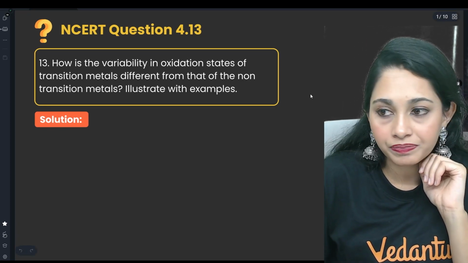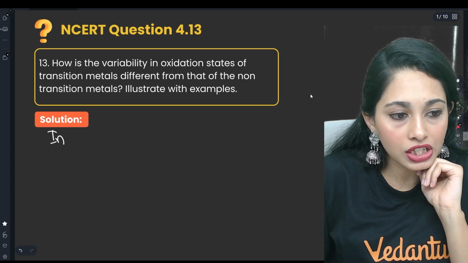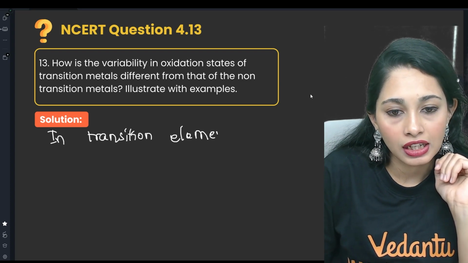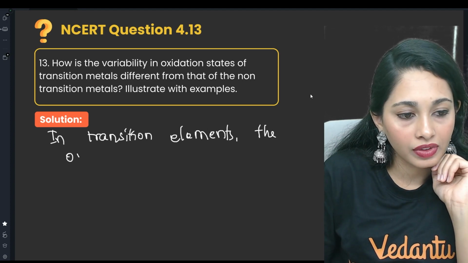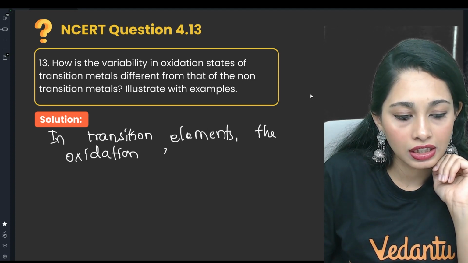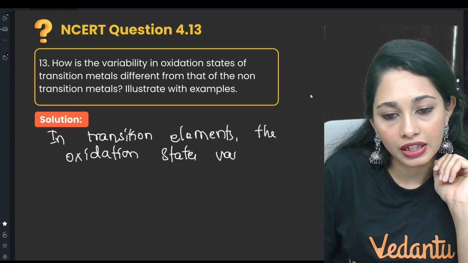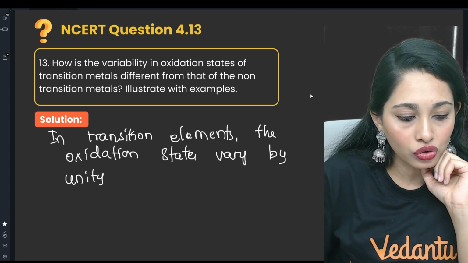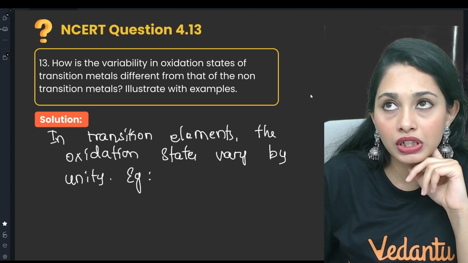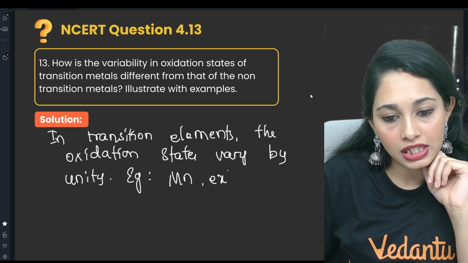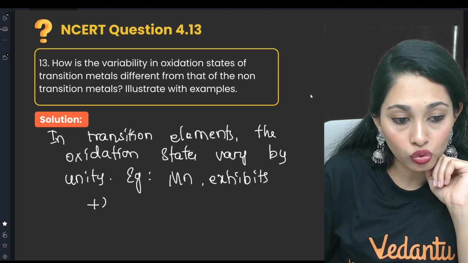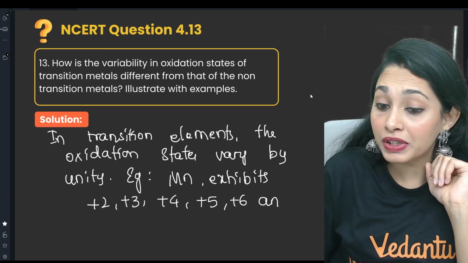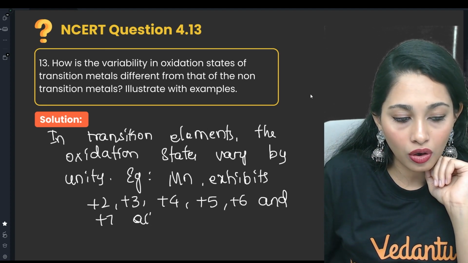In transition elements, the oxidation states vary by unity, by 1. For example, manganese exhibits +2, +3, +4, +5, +6 and +7 oxidation states, all differing by 1.